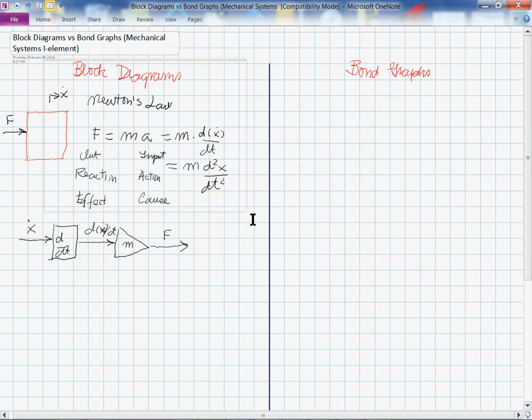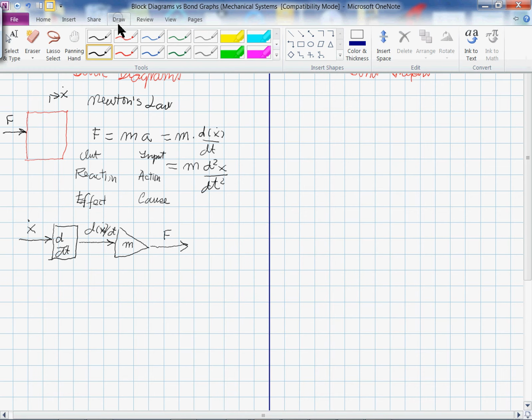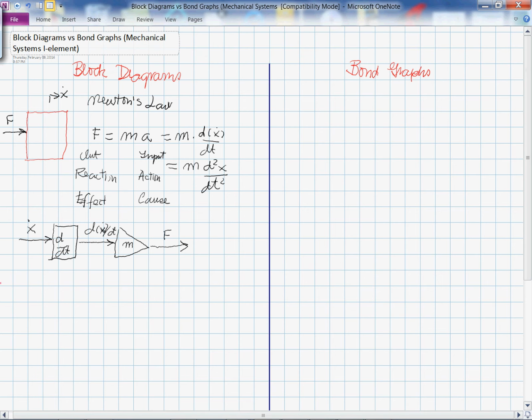We could perhaps continue putting some of those labels to help ourselves. This in this case is going to be the input here, and this is going to be the output over here.